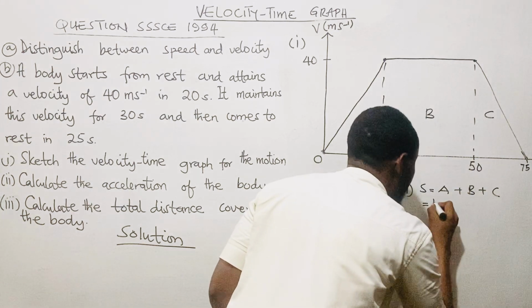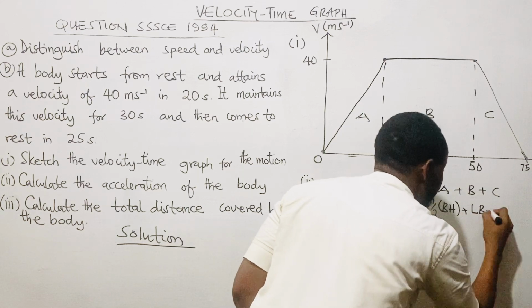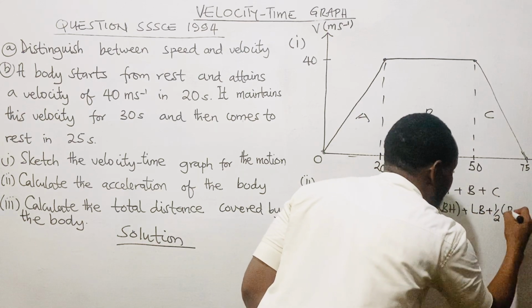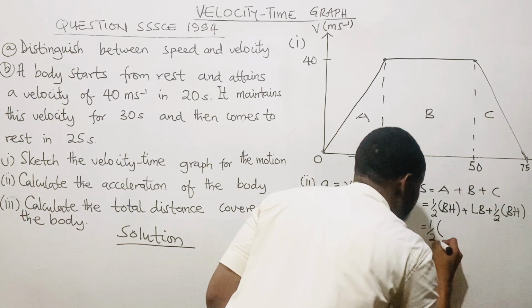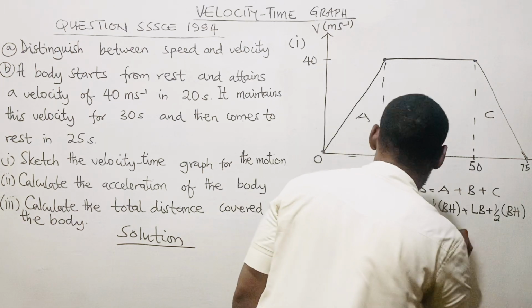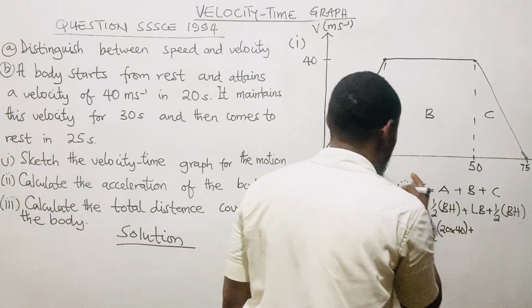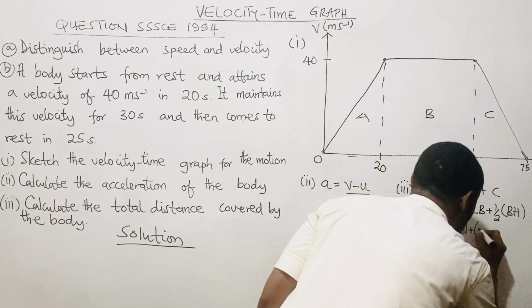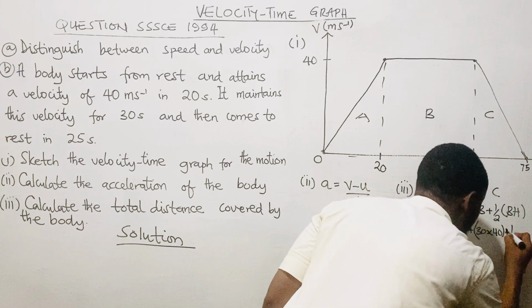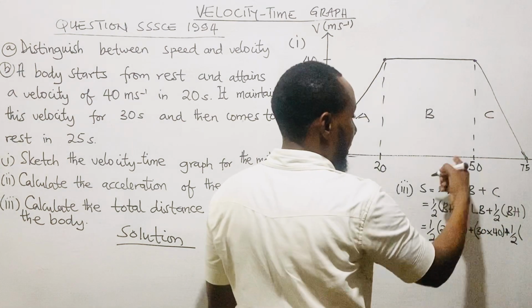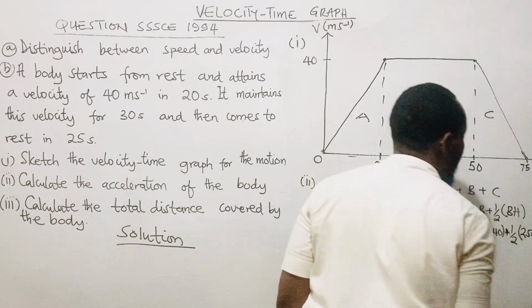So my first part is a triangle, my second part is a rectangle, and my third part is also a triangle. So here, what do I have? I have half breadth times height, where my breadth is 20 and my height is 40, plus length times breadth, that is 30 times 40, plus 25 times 40.